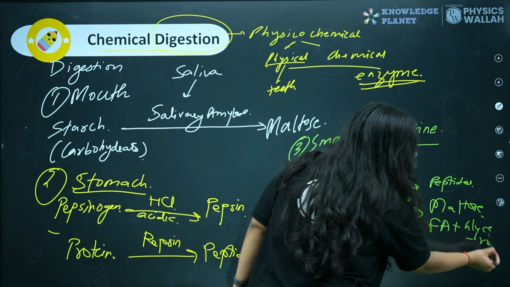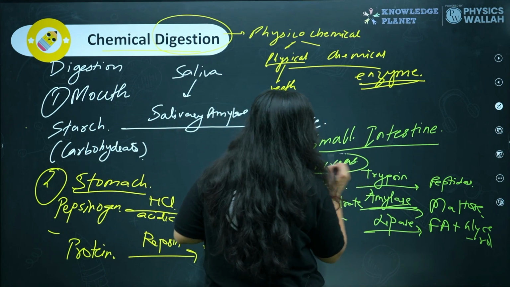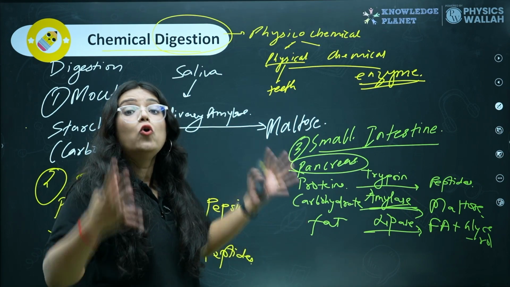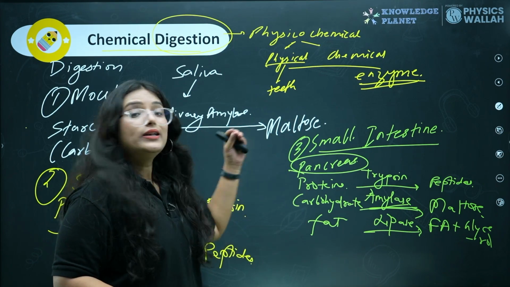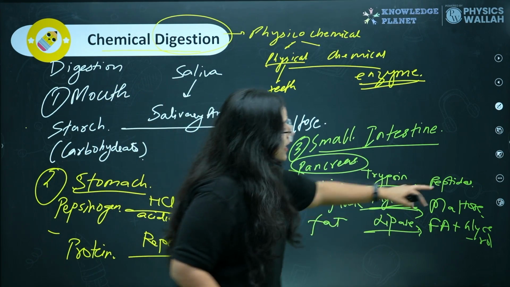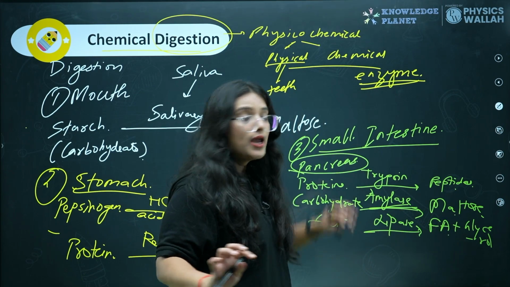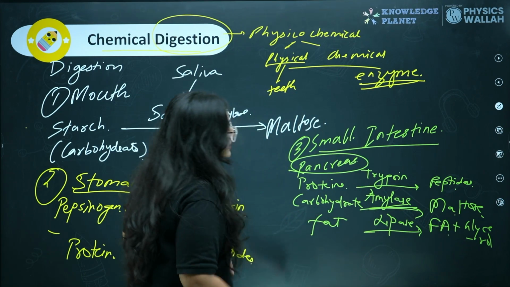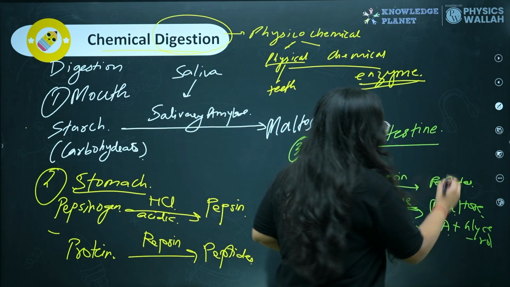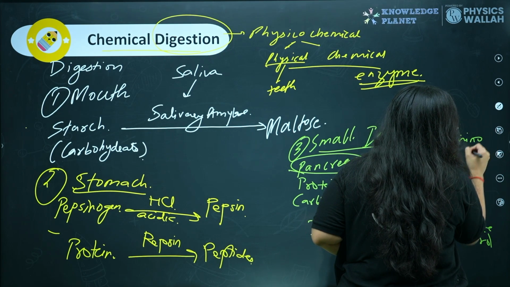Now remember that this was because of the secretion of the pancreas, but the small intestine also has its own enzymes. It also releases juice that will help in the digestion of these peptides, maltose, fatty acids and glycerols. So the small intestine releases enzymes such as peptidase to convert these peptides into amino acids.